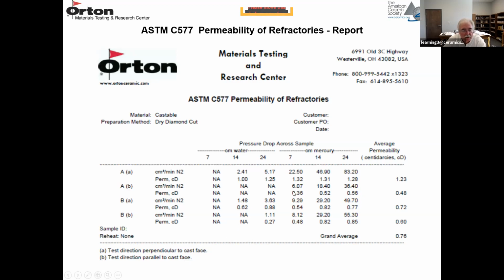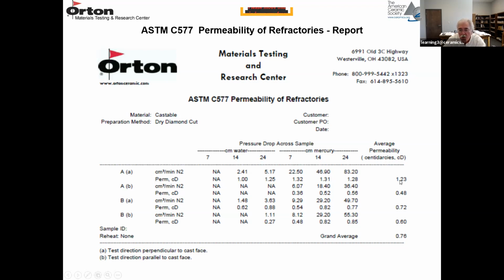So the answers are quite different depending on whether there's an original surface, which is a cast surface, or not. So these are the 3 measurements in centimeters of water, the 3 measurements in centimeters of mercury. NA means you didn't get any flow in that direction, so you had to increase the pressure to get flow. So A is perpendicular to the cast face.